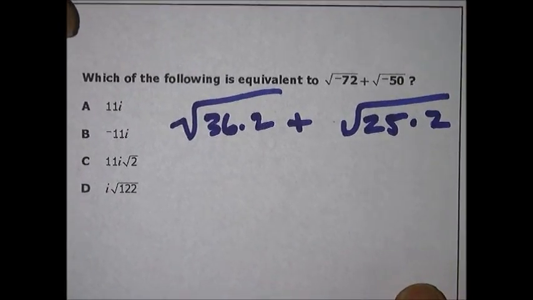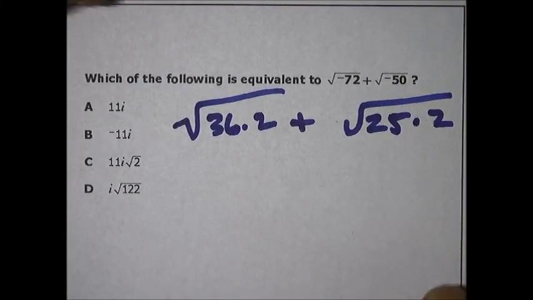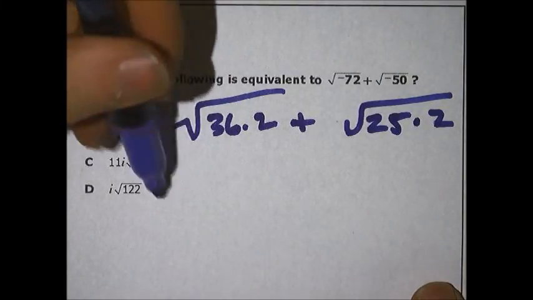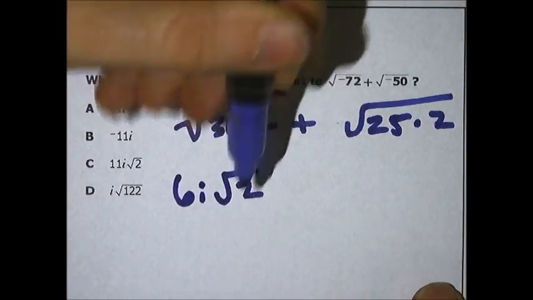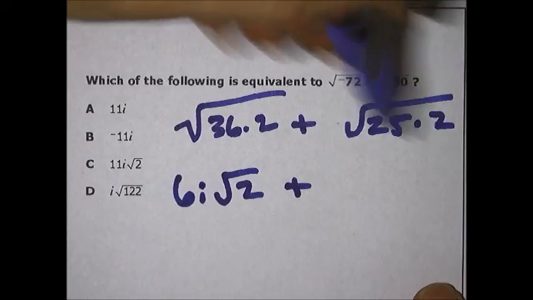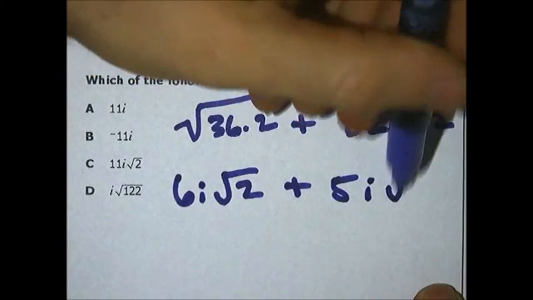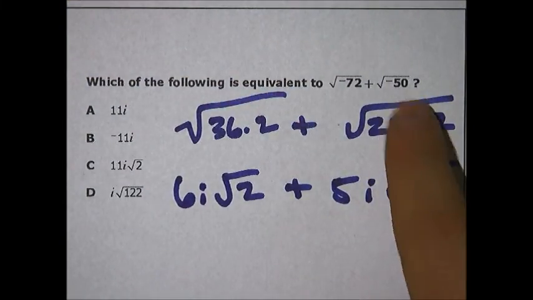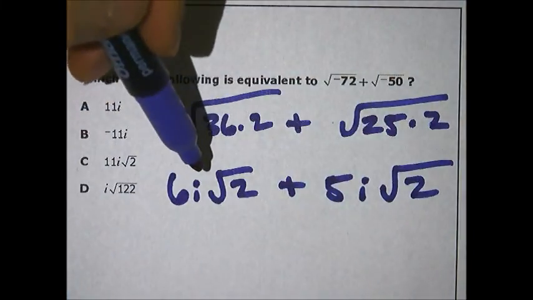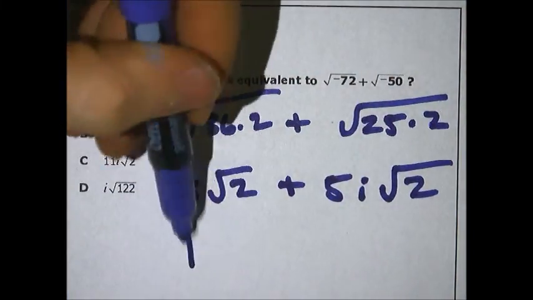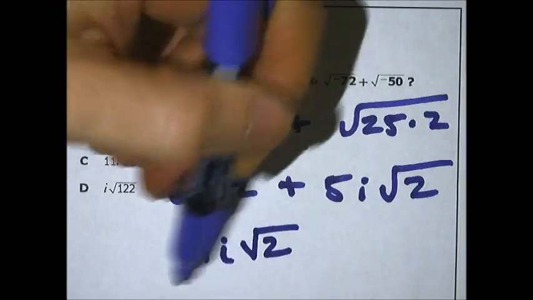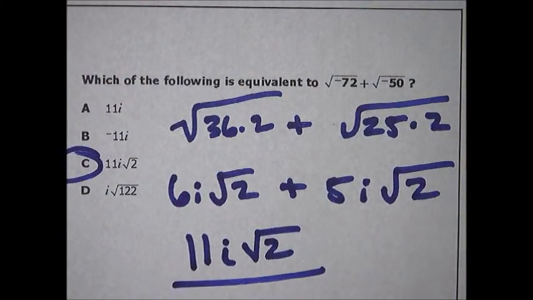The square root of 36 is 6. And again, we said there's an i in this because they were both negative. So 6i root 2 plus 5i root 2. Again, the i coming from the negative. I now have the same number underneath. We add them up and we have 11i root 2. Final answer, choice C.